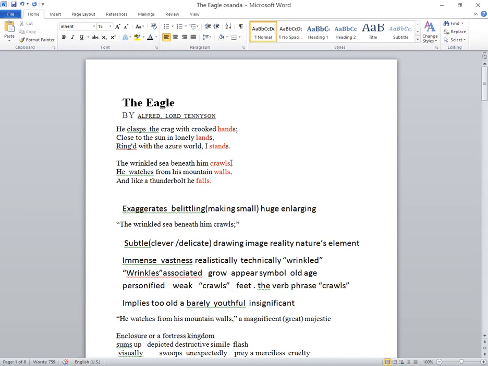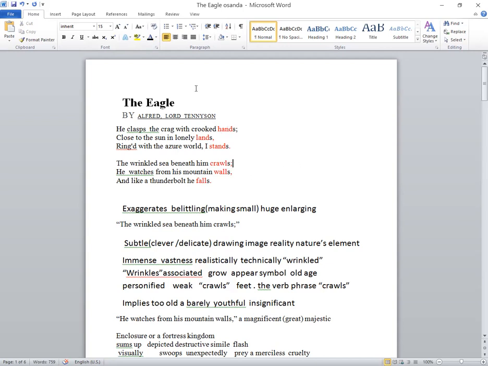S. Here ending sound, S. Right. Now you can see all these ending words have the same sound. It adds some musical quality to the poem.